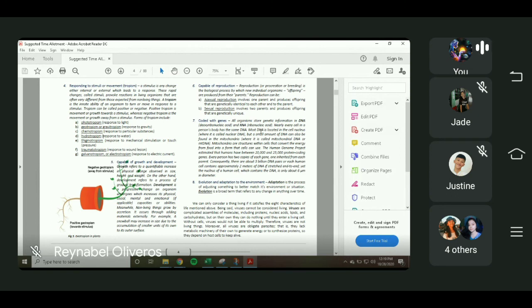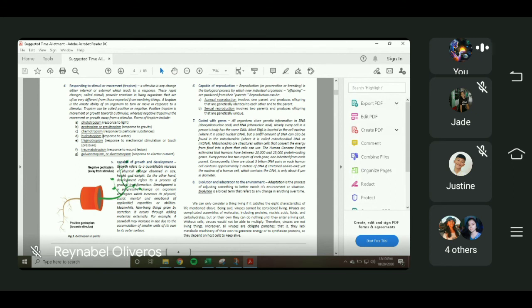'Di ba? So, sumunod naman dito sa number 8 pa rin, evolution and adaptation of environment, ang tao. 'Di ba? Lalo na 'yan. It has its ability to adapt to its environment. And of course, to the situation. 'Di ba? Most especially right now, ano yung ginagawa natin ngayon, 'di ba? We adapt to the situation na nararanasan natin ngayon because of pandemic. 'Di ba? Isa 'yan sa mga sign that we are an organism or living organism.